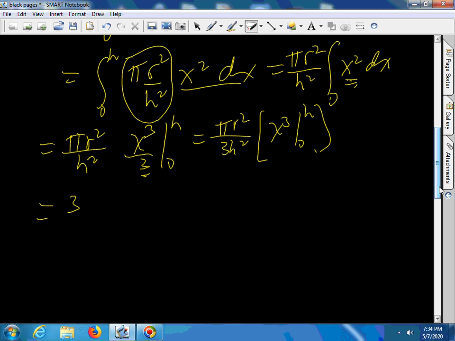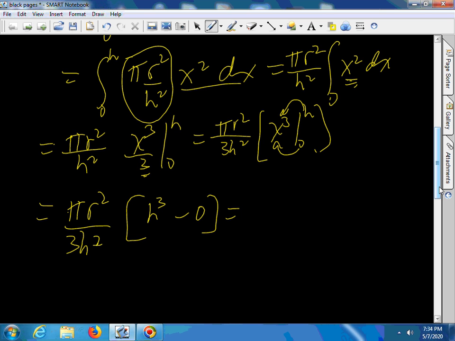So we have our constant in front, pi r squared over 3h squared, times, you plug in h for x, you get h cubed, minus, you plug in 0 for x, you get 0. So we have that constant in front times h cubed.